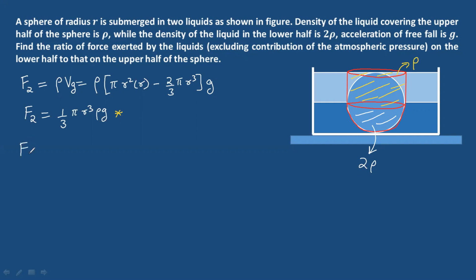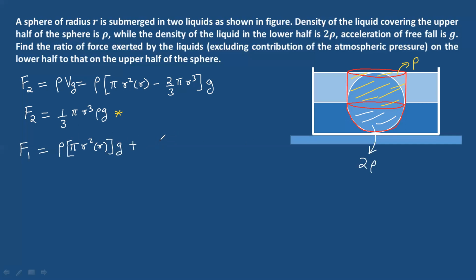So F1 would be, it's not just about volume, you also have to take into account the different densities here. All right, so you're supposed to calculate the complete weight. So the weight of the cylinder would be the density of that liquid, rho, into pi r square into r, the volume of the cylinder, times g, plus the weight of this particular hemisphere.